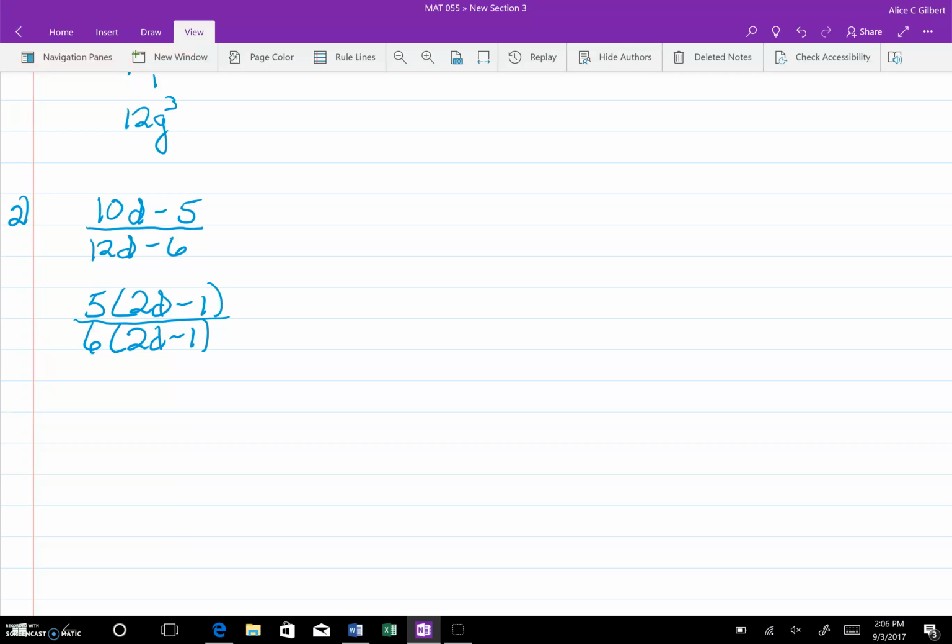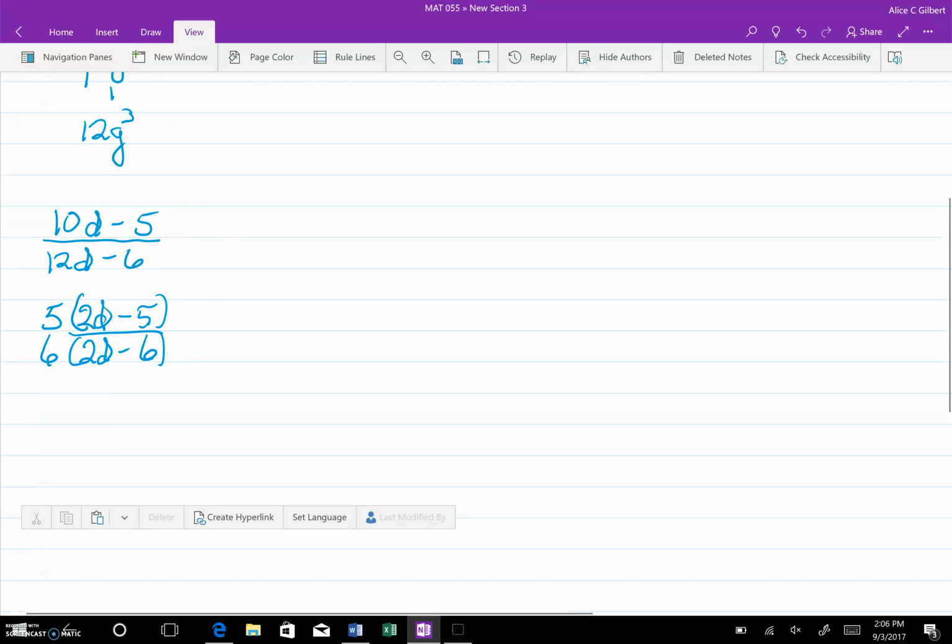Now, you cannot, under any circumstances, cross-cancel the 2d and cross-cancel the 1. That is not acceptable. Okay? Let me redo this. You can only cross-cancel things when things are being multiplied. The 2d and the 5 are being subtracted. The 2d and the 6 are being subtracted.